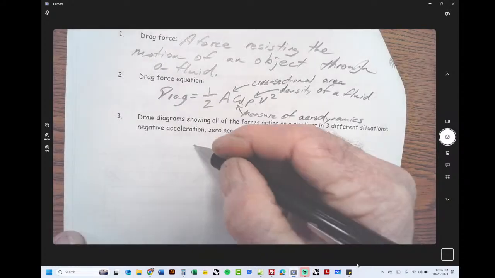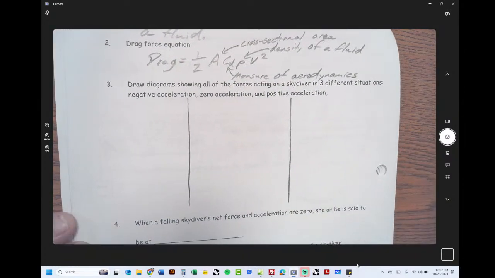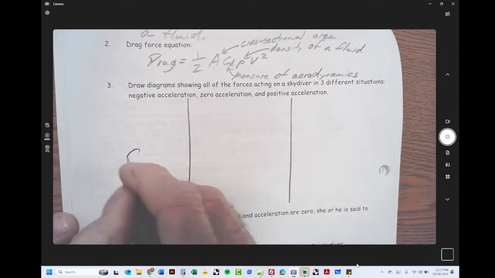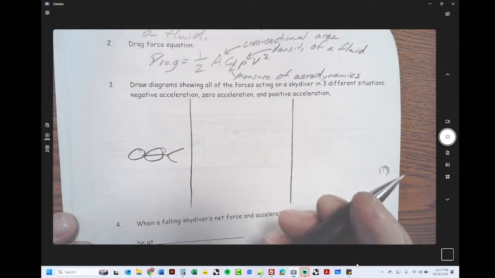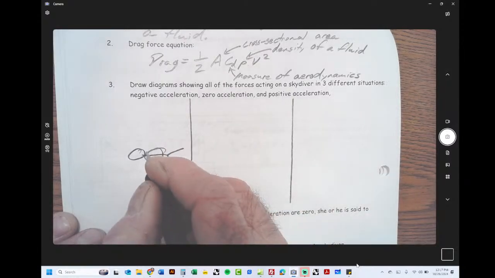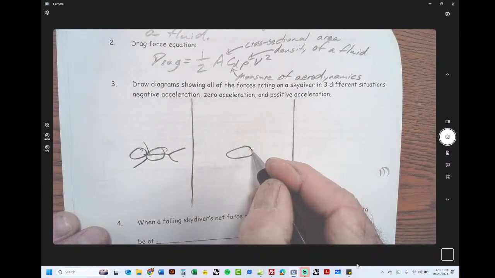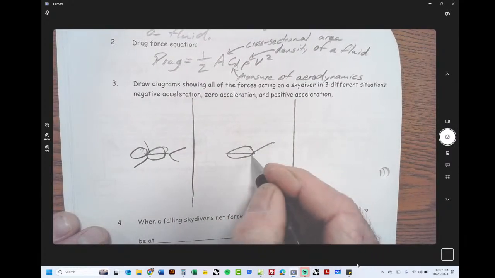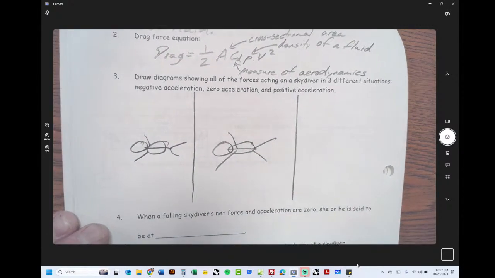Okay, so now some diagrams of skydivers. You can draw your skydiver how, oops, why did I do that? Oh well, that's the backpack. Okay, that's the backpack. And that's the backpack again. And I'm not going to draw the third one.